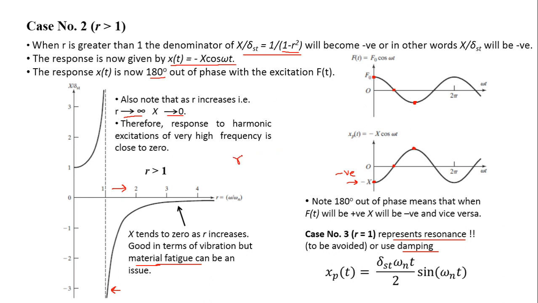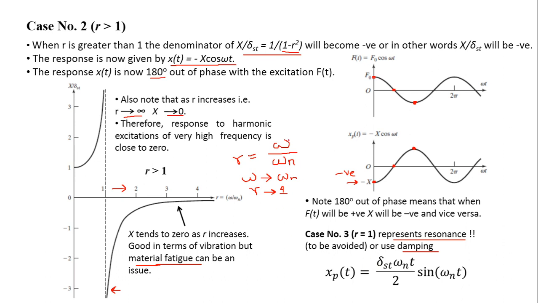So we know that r is equal to omega upon omega n, and in the limit when omega reaches omega n, r will tend to be 1, and when it tends to be 1, this magnification factor will be infinite.